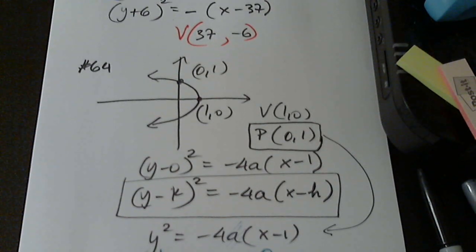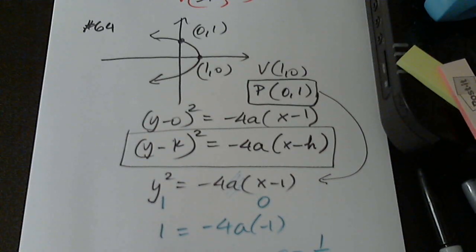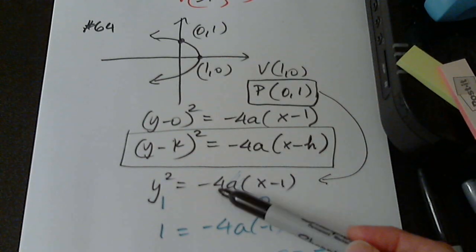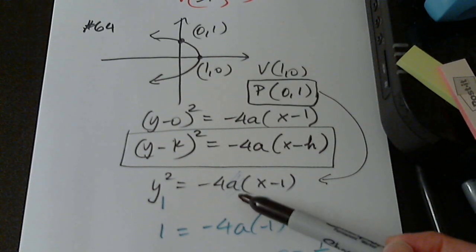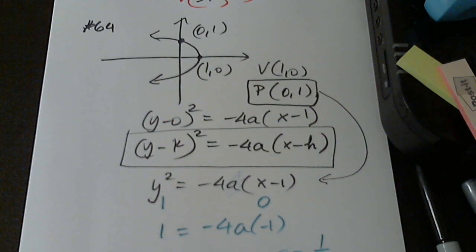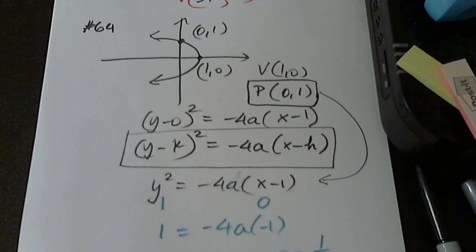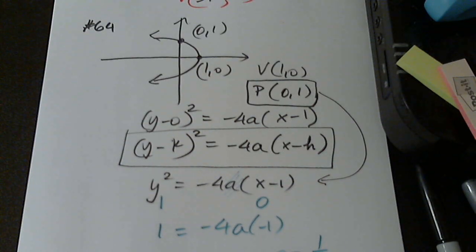So 1 equals 4a, meaning a equals 1/4. Now we have all the information we need to establish the equation. So the equation now is y squared equals negative 4 times 1/4, which is simply negative 1, so negative (x minus 1). And this is it. We don't need to do anything else. Any questions?